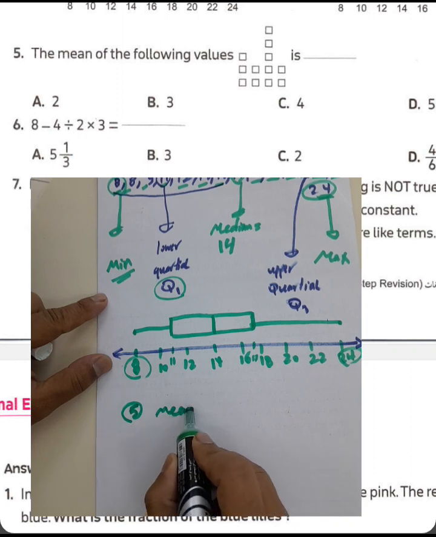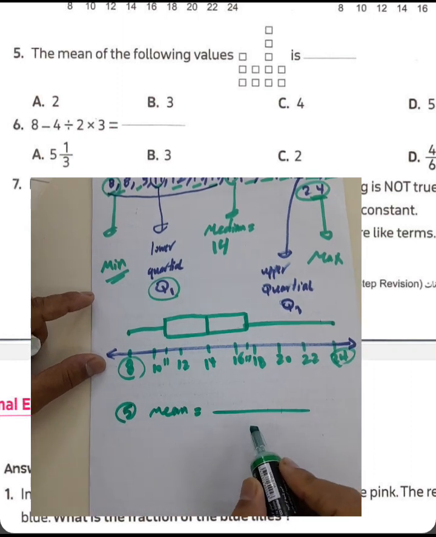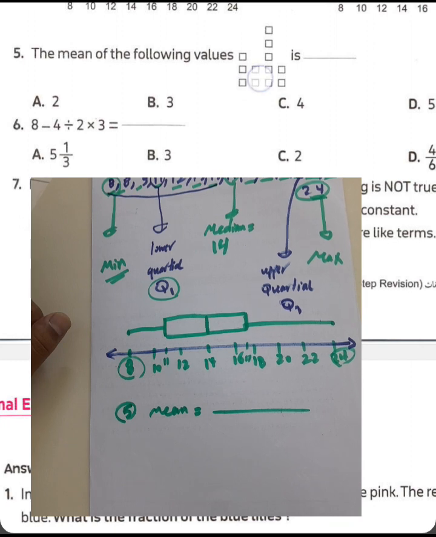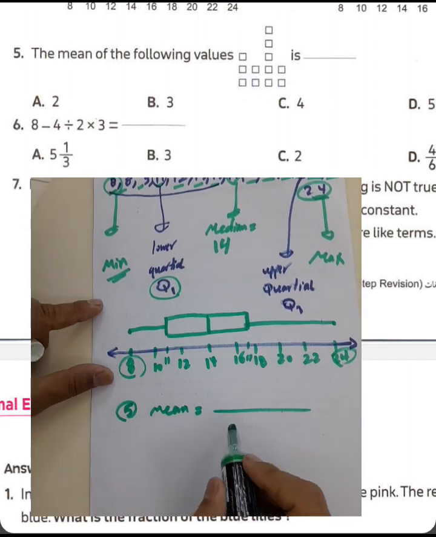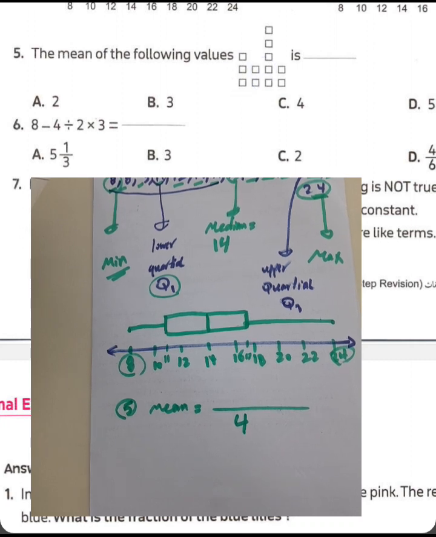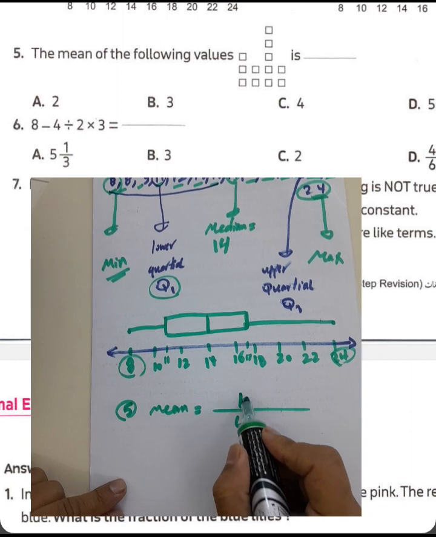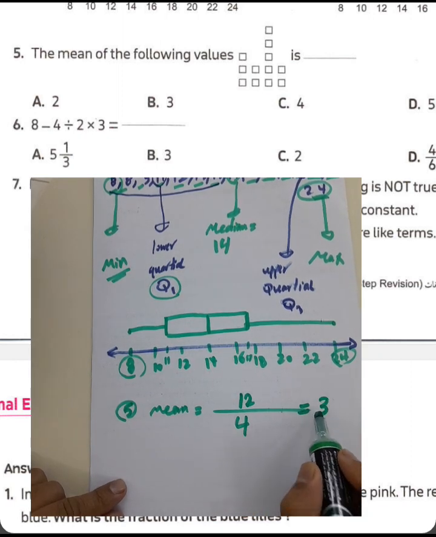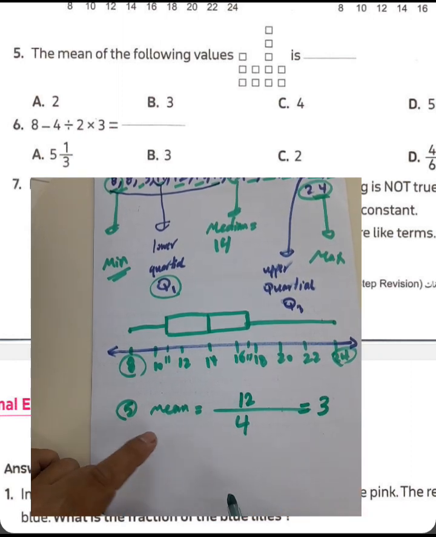Because the mean equals the sum of numbers divided by the count of numbers. We have 1 2 3 4, so 4 in the denominator, and all numbers 1 2 3 4 5 6 7 8 9 10 11 12. 12 divided by 4 equals 3, and the mean here will be 3. Choose letter B for question number 5.